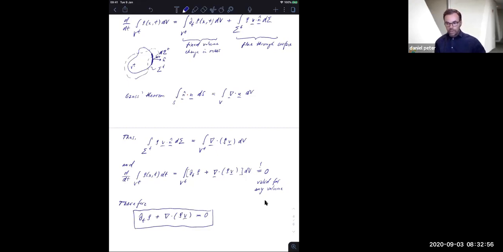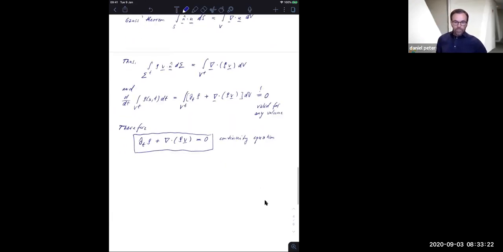And the equation is called the continuity equation. So this continuity equation is a conservation law expressing conservation of mass. Good. Is it clear so far?